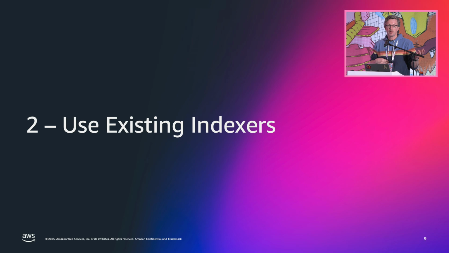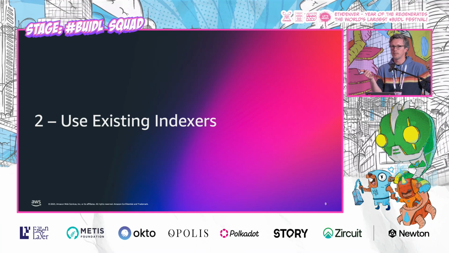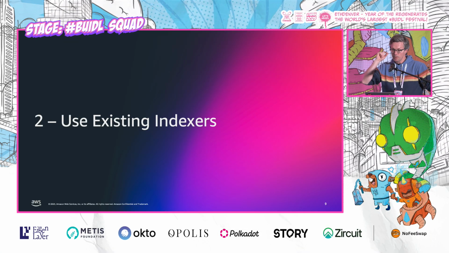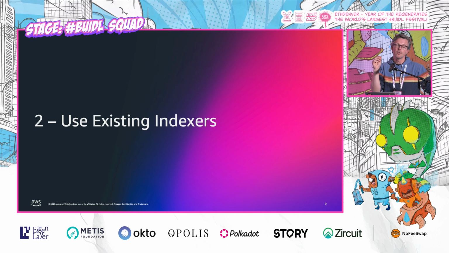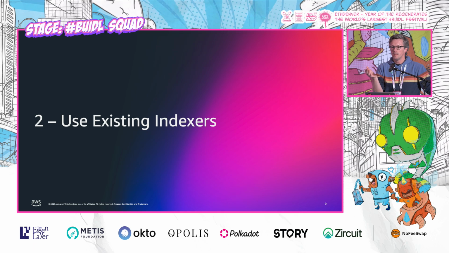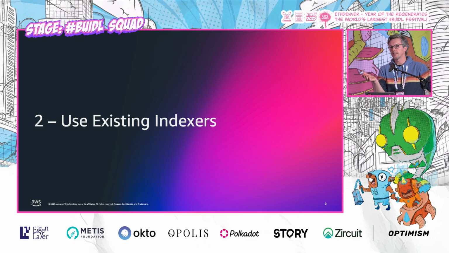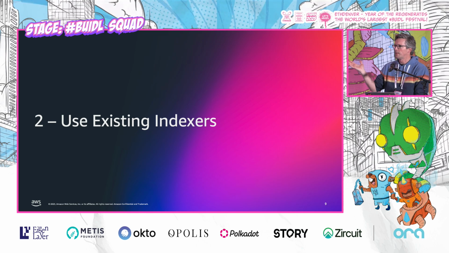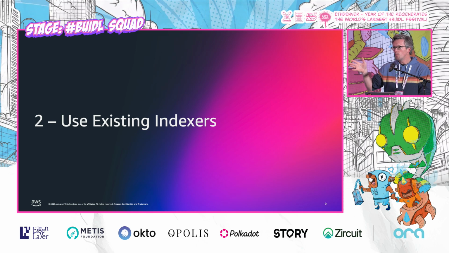If there aren't, and there are very many cases where there aren't existing indexes, and in particular one of them is if you have custom events. So if you're only interested in something like token ownership, that's what most of the existing indexes support right there. So you can almost always query them.